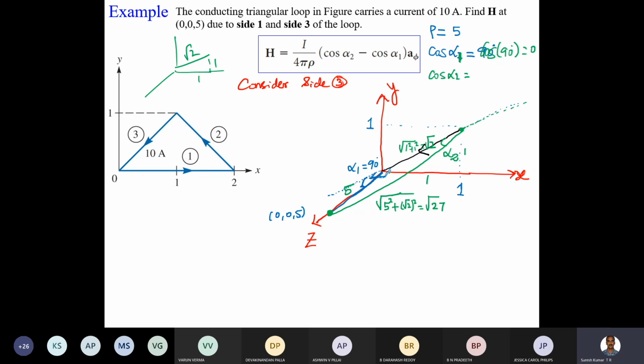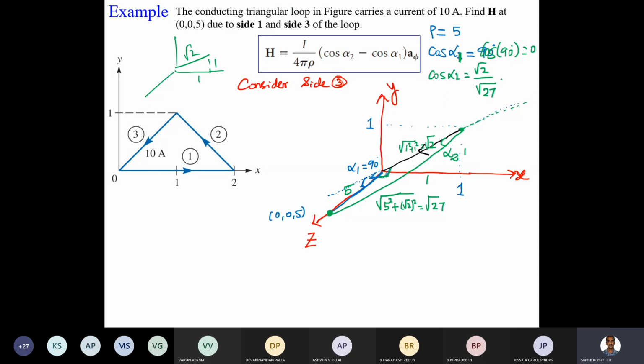This is a right angle, guys. This is alpha 2. Now what is cos alpha 2? Give me the formula. Adjacent by hypotenuse.